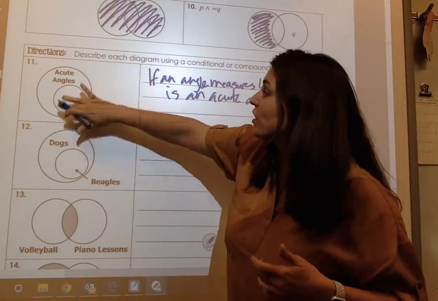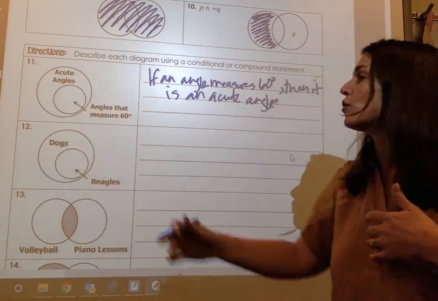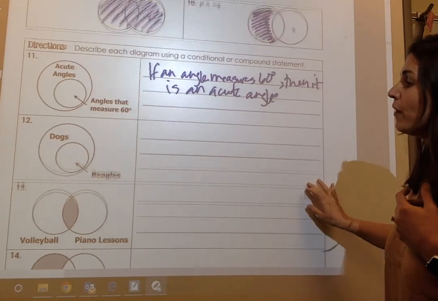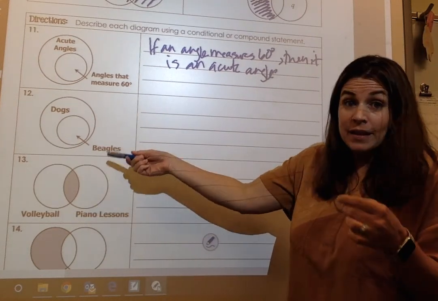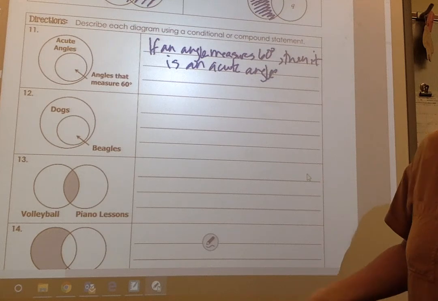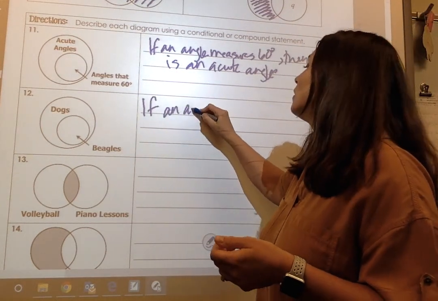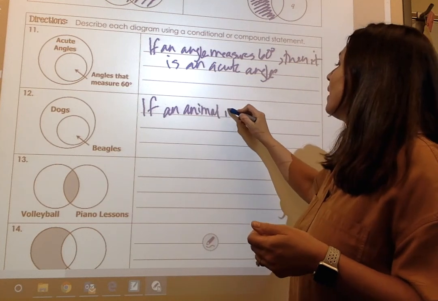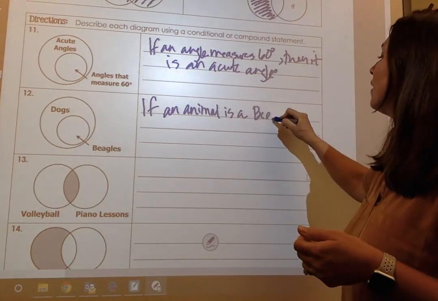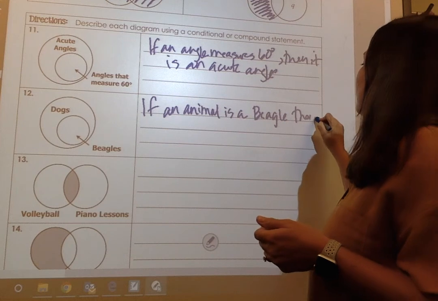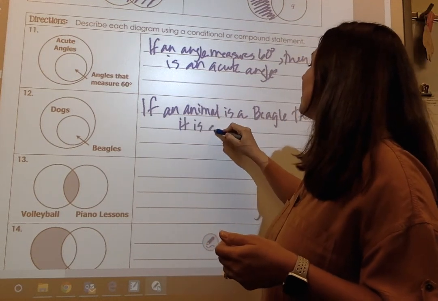So these are conditional statements. 11 and 12 are conditional statements. So number 12, if it is a beagle, it is a dog. If an animal is a beagle, then it is a dog.